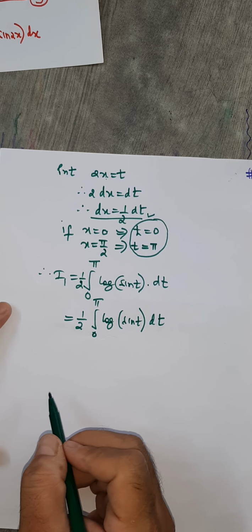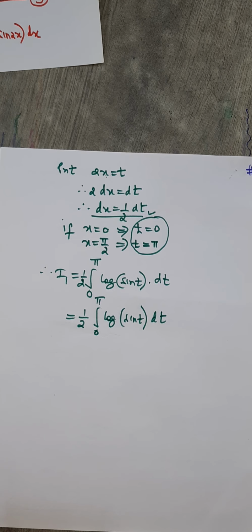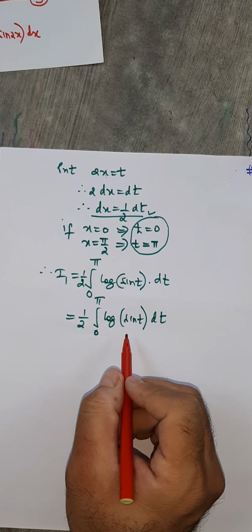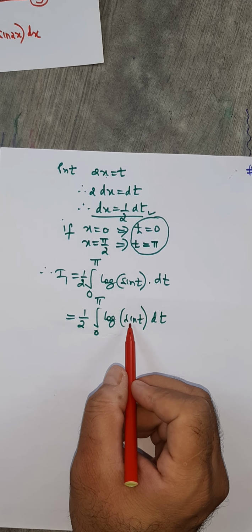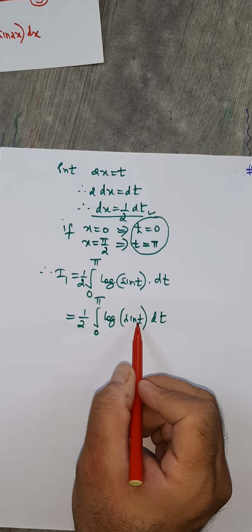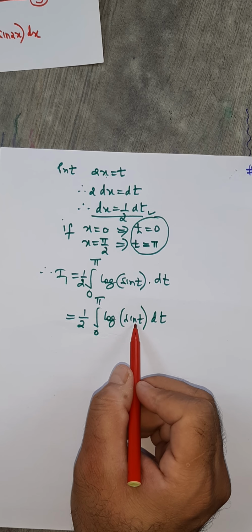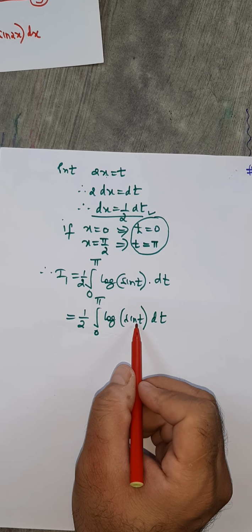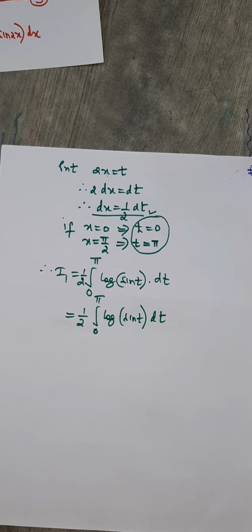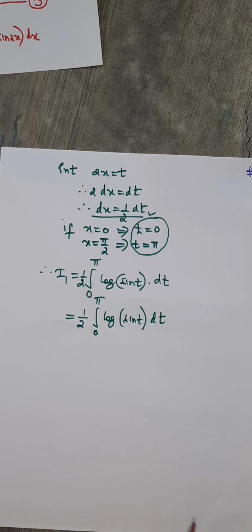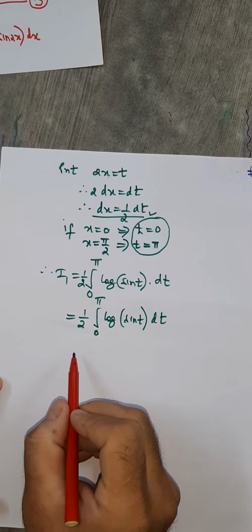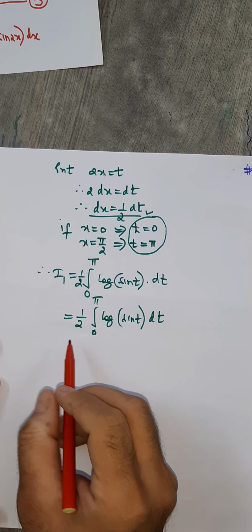Now again here you can see that at this place if I write sin pi minus x, it would be just sin x only. So it's a repetition of earlier procedure.